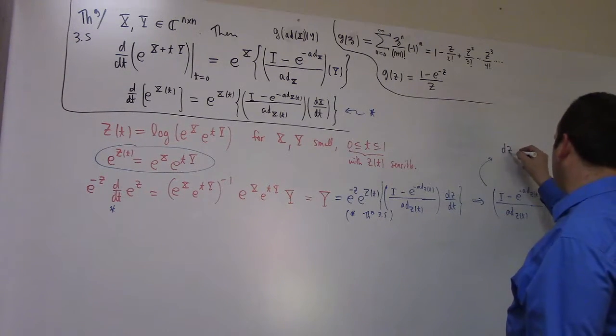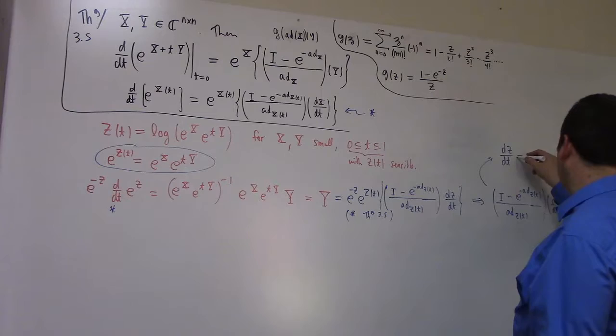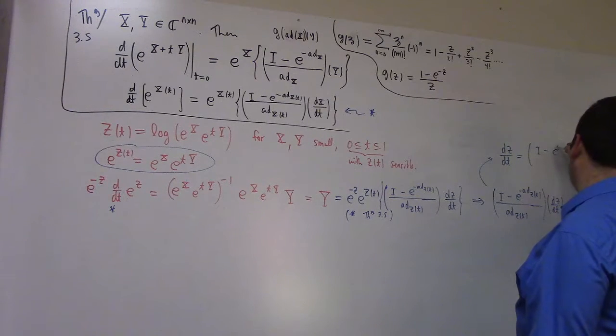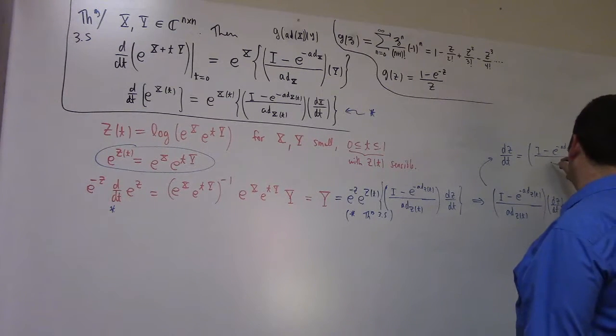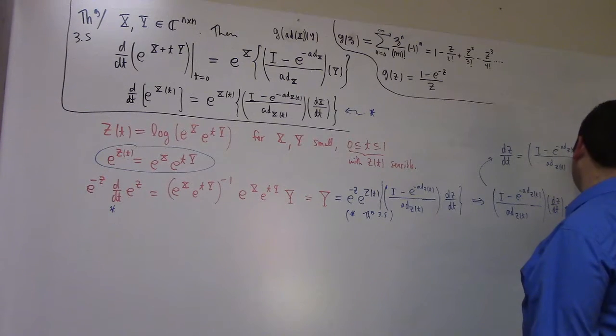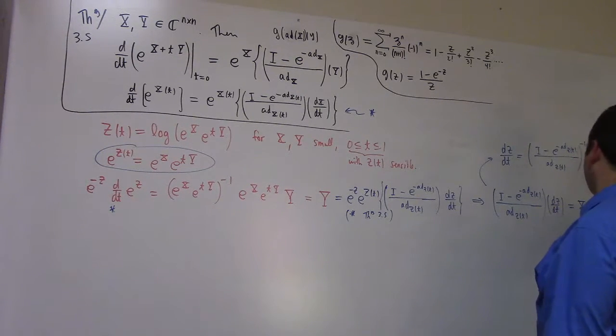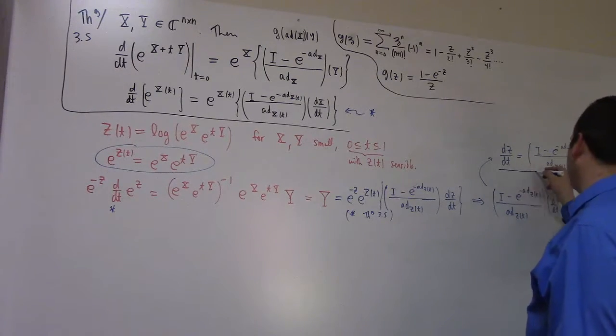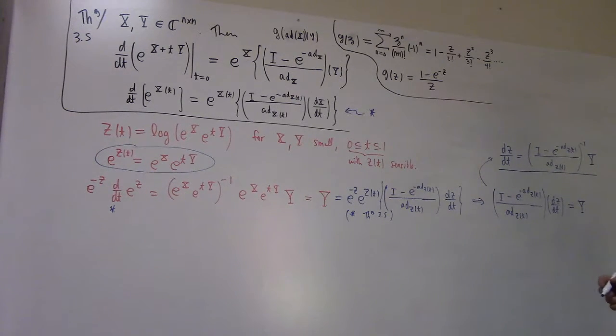We can solve for dz dt equal to this thing. And I guess at this point, it's like, that's great, but how in the world is that helpful? Well, I don't know yet.